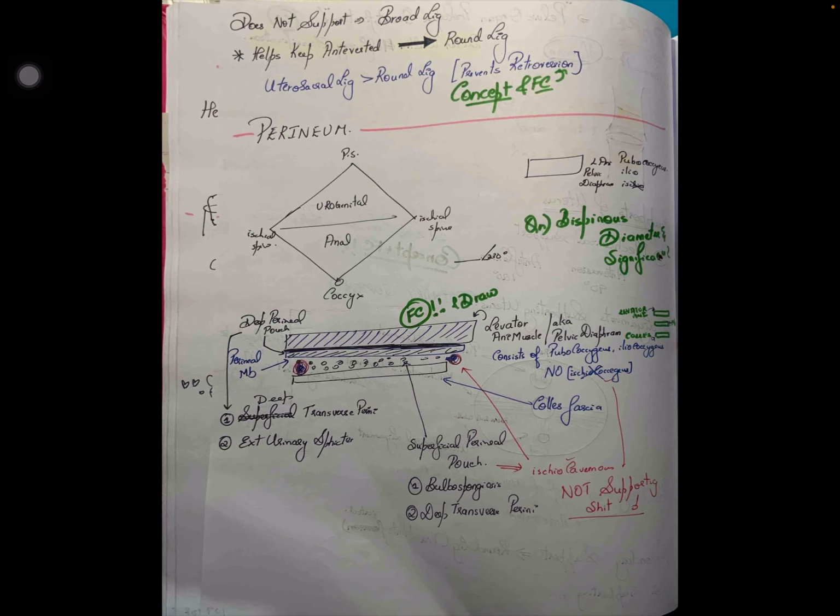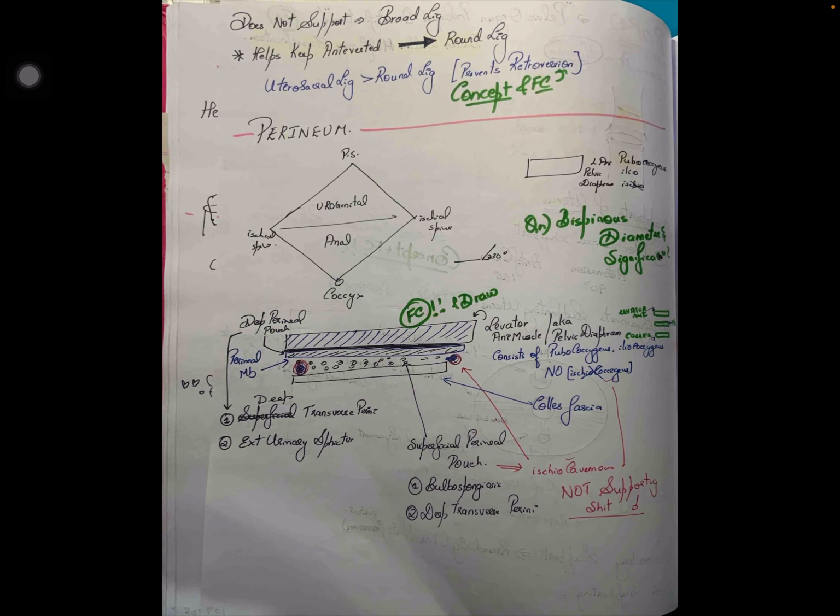Then we have the deep perineal pouch, followed by the perineal membrane. Then we have the superficial perineal pouch, which is formed by the pubococcygeus and deep transverse muscle, along with the superficial transverse muscle. Whereas the deep perineal pouch over there was formed by deep transverse perineum and external sphincter muscle.